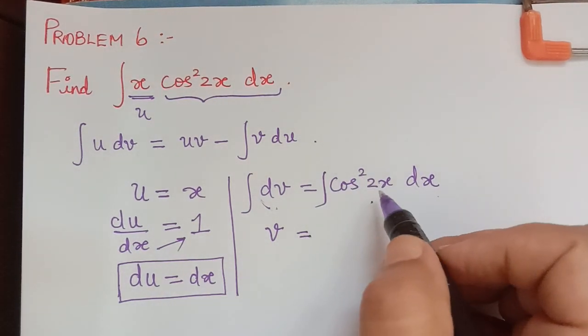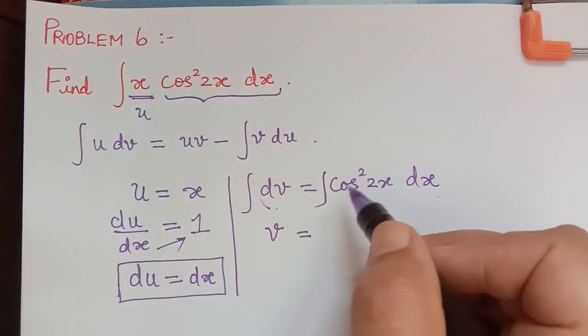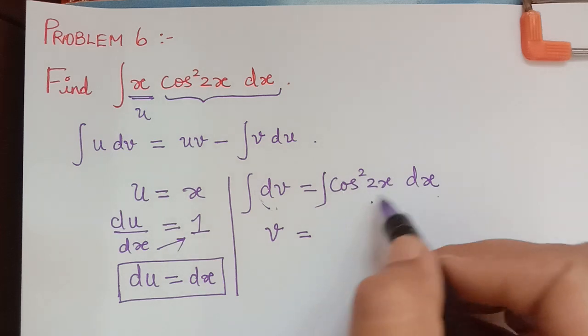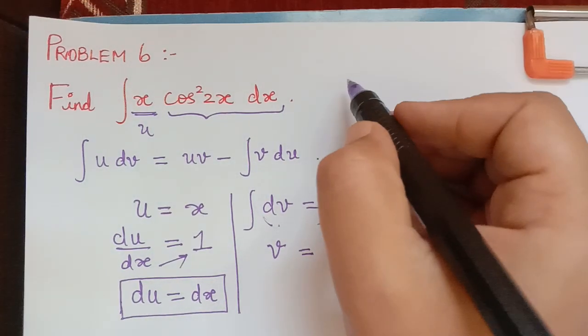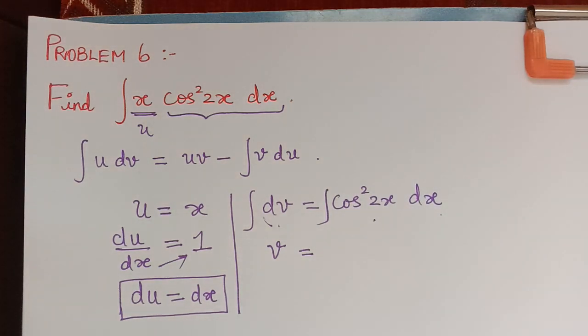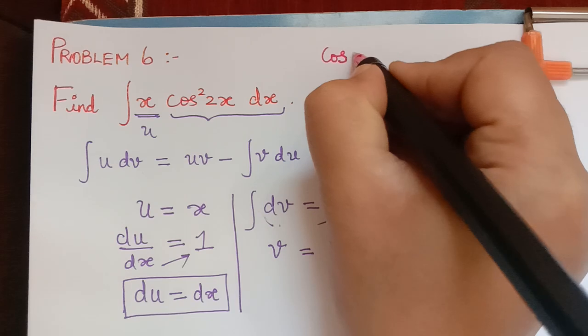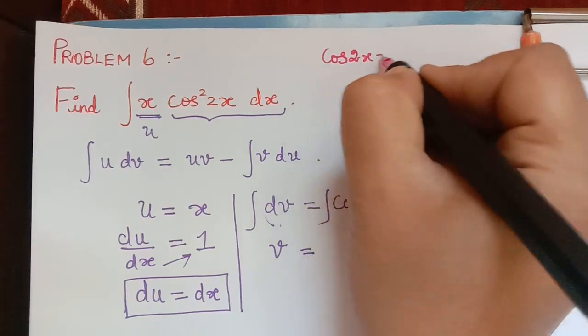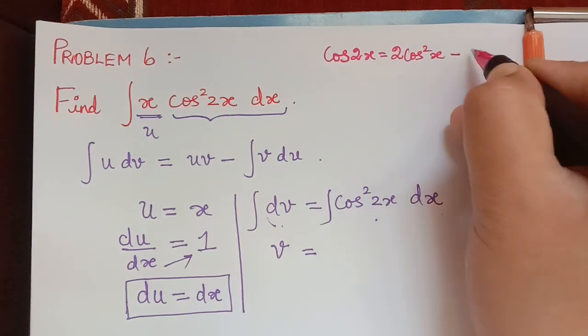We have the formula for the cos function, but here the function is cos squared, so we need to make a substitution. For that we should know the trigonometric formula, which says that cos 2x is equal to 2 cos squared x minus 1.